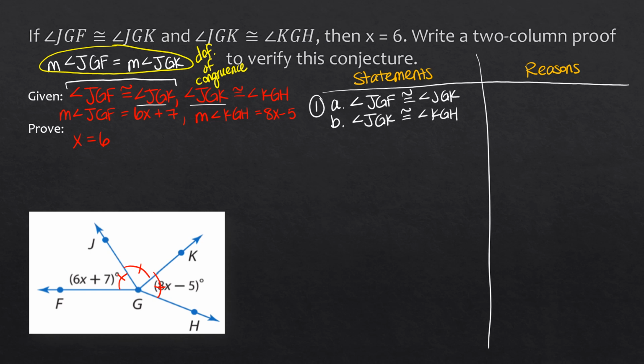As soon as I can get away from saying those angles over and over, the better. I'm getting myself all tongue-tied. Part C is that the measure of angle JGF equals 6x plus 7. And part D would be that the measure of angle KGH equals 8x minus 5.